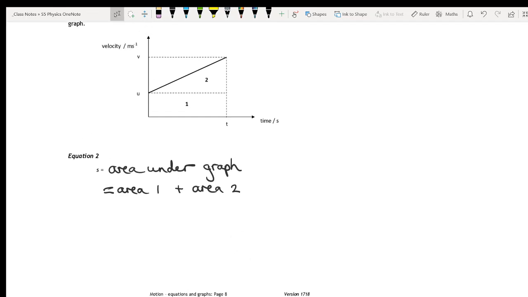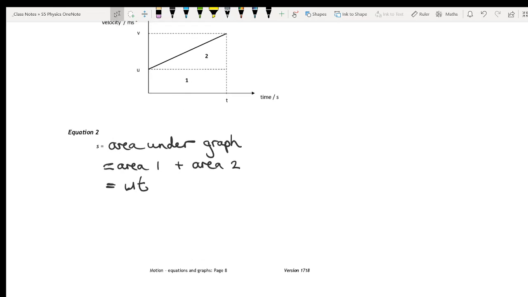Area 1 is the rectangle, so it's length times breadth, so t times u. We don't have numbers, we've got letters, but if that was a 2 and that was a 6, you just times them together. So area 1 is u times t.